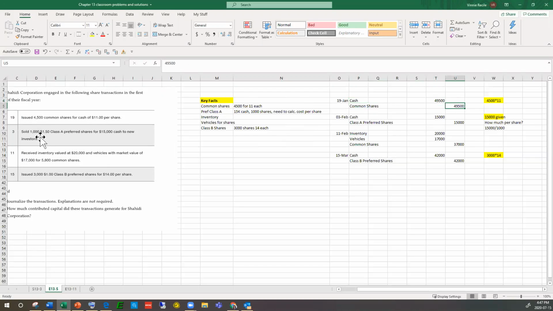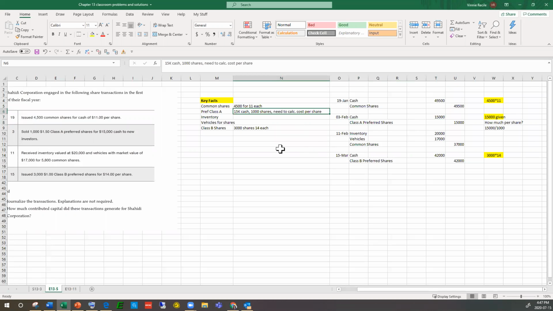February the 3rd, they sold 1,000 of these Class A preferred shares for $15,000 of cash. They're using different words here, but essentially it's the same thing. They're going to charge $15,000 and take a deposit of $15,000, and issue these Class A preferred shares. Now, I noted you might need to calculate the cost per share.